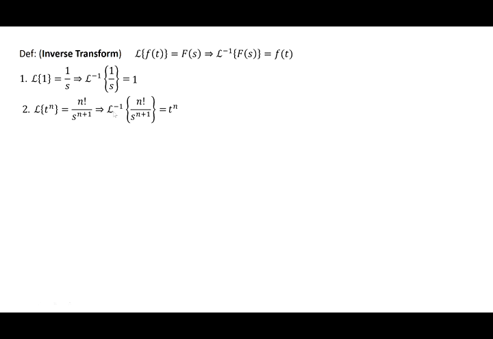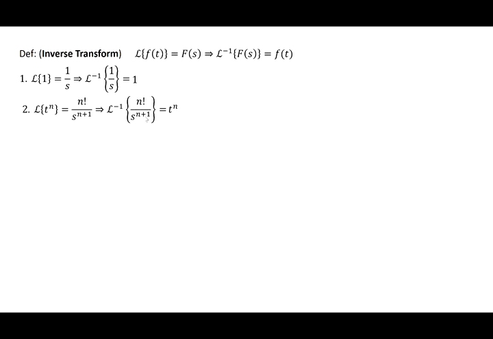Nobody will tell you, what is Laplace inverse of, and choose n just right. For example, 4 factorial over s to the 4 plus 1. Nobody will tell you that. Usually, it shows up as Laplace inverse of 1 over s to the 5, or Laplace inverse of 500 over s to the 10.